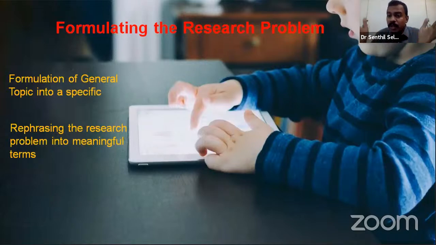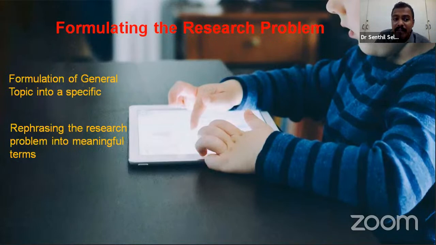So he has to bring the broader area into a narrower one, from a general into a specific one. For that, he has to do a lot of work. He has to narrow the biggest problem down to a smaller one. So this is the first step: bringing a general topic into a specific topic.